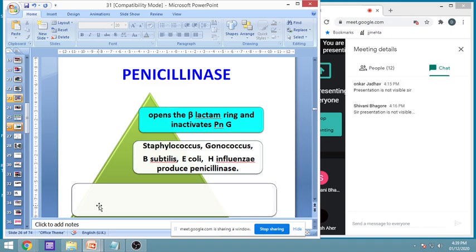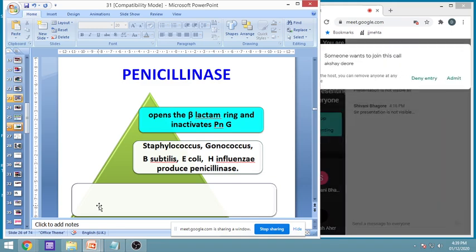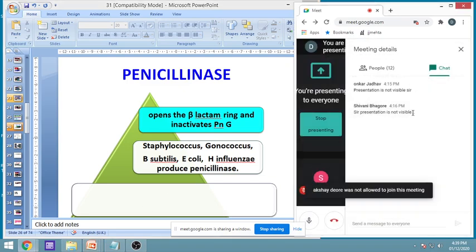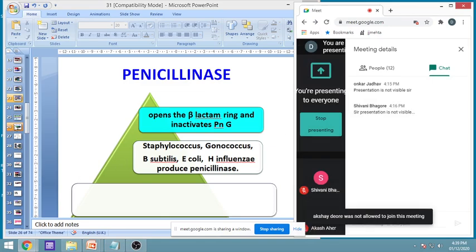If you have studied microbiology, you will find that there are many Staphylococcus bacteria, for example Staphylococcus aureus, etc. Then Gonococcus, Bacillus subtilis, E. coli, and Haemophilus influenzae, etc. There are many such agents which are available. They produce penicillinase, and therefore penicillin cannot be used.